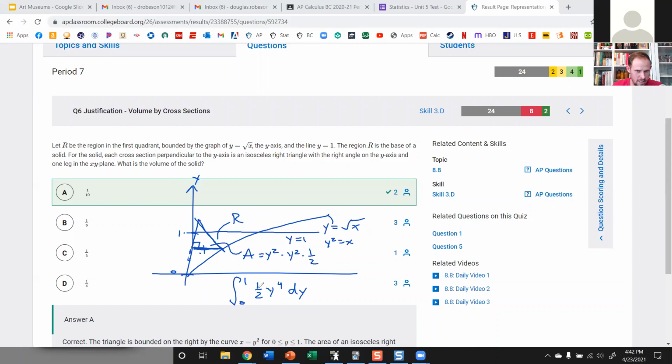So now we've just got to integrate that. We can pull the 1/2 out front if we want, but the integral of y to the 4th is y to the 5th over 5. So we get 1/2 y to the 5th over 5 from 0 to 1. Plug in 1, we get 1 times 1 over 2 times 5, so we get 1/10. Plug in 0, we get 0. So we do just get 1/10.